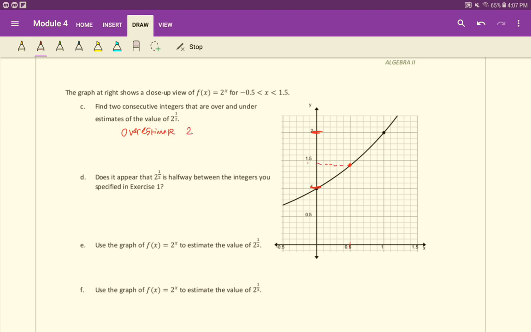Right, because right here would be the actual value of 2 to the 1/2. So our underestimate is this 1 right here.